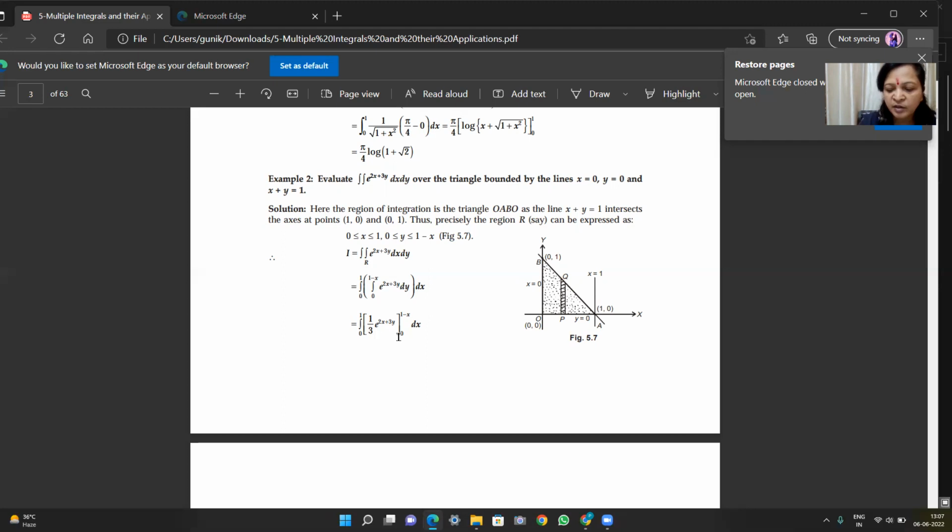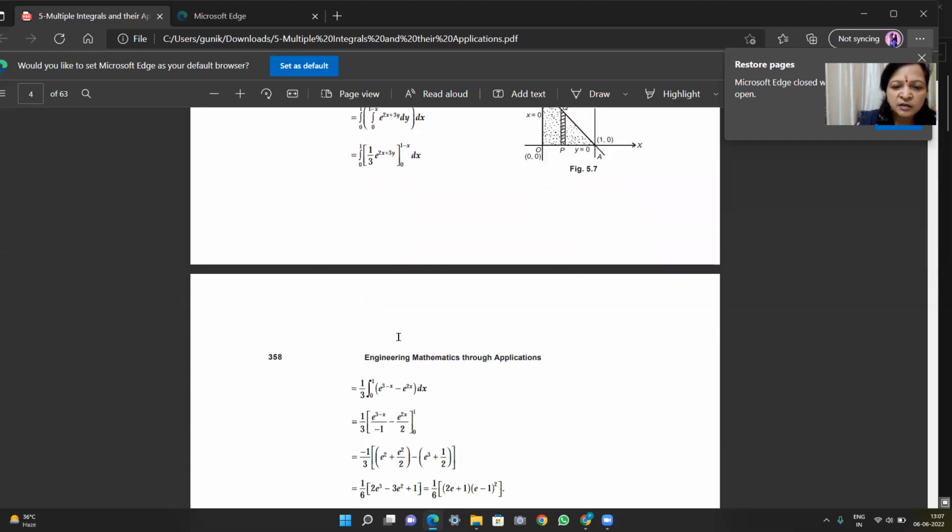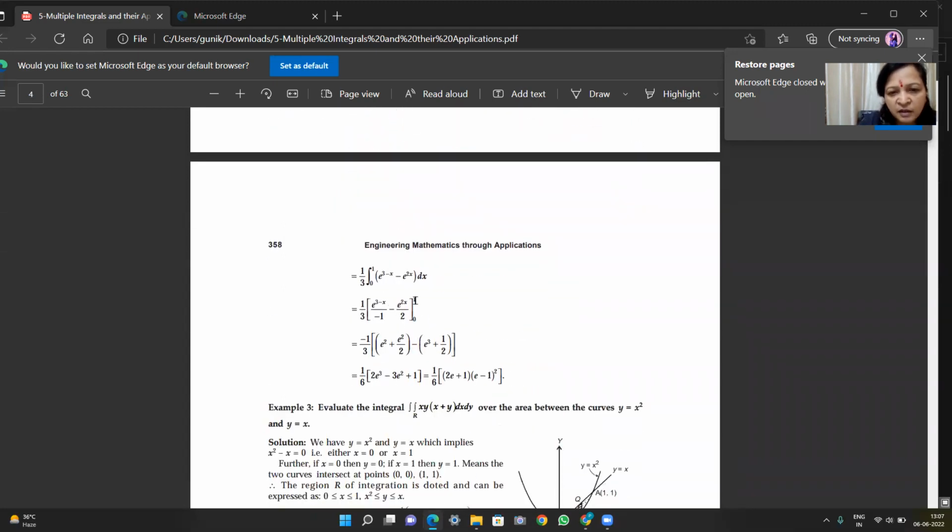Now putting the limit, we get this thing. Now again integrating with respect to x, we get the value of this integral, and on putting the limit x equal to 0 to 1, we get this value.